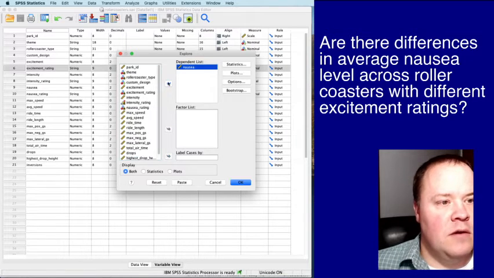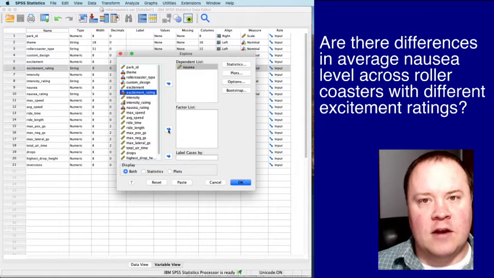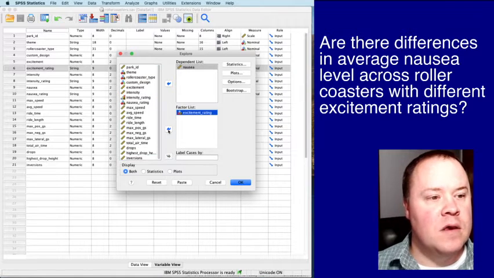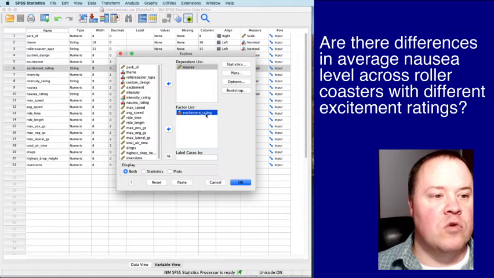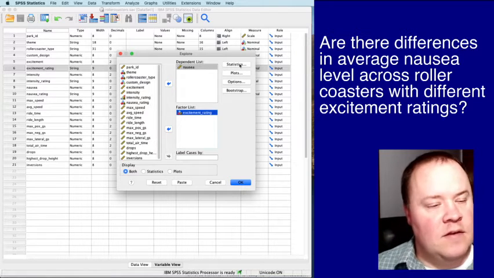So if we think about that being different across this excitement rating variable, and you can see the little nominal symbol here, meaning that it is distinct groups, that's what we want to use this factor list for, is to say these are the groups that we want to compare against each other. So we're going to separate the nausea variable out by these groups, which are listed as low, medium, high, and very high.